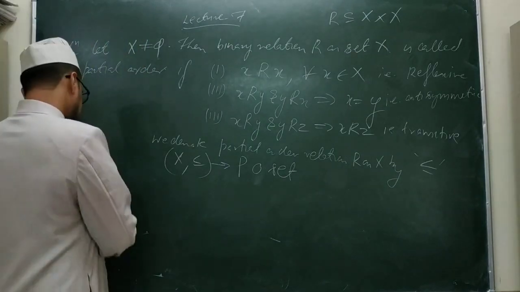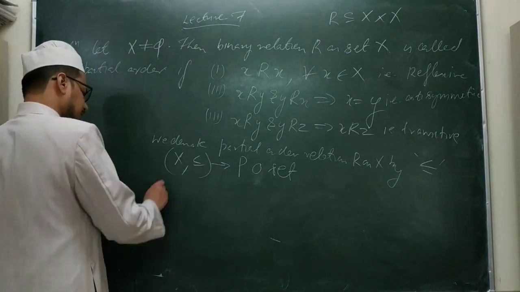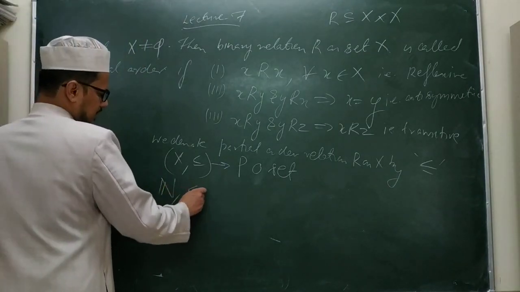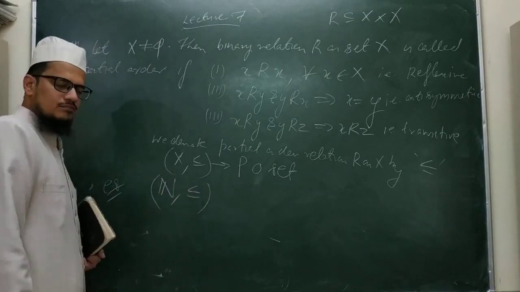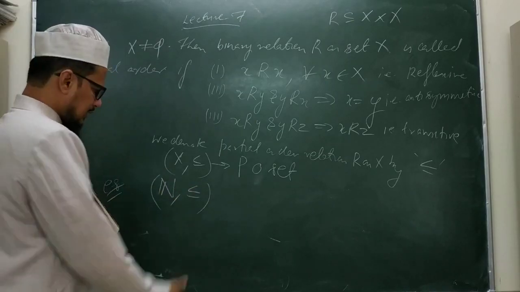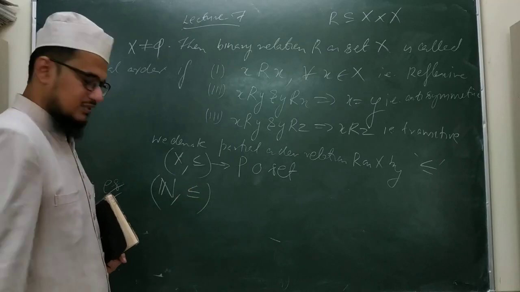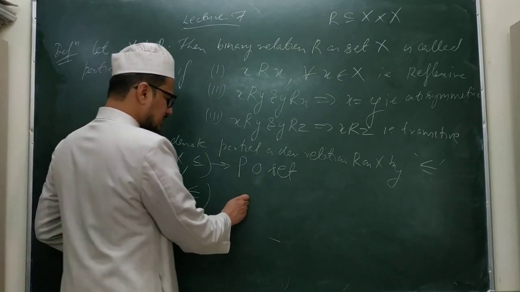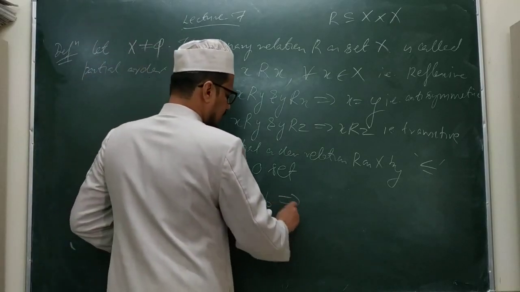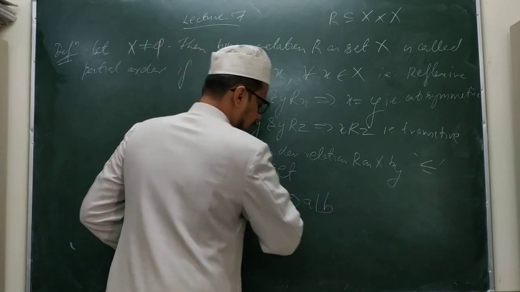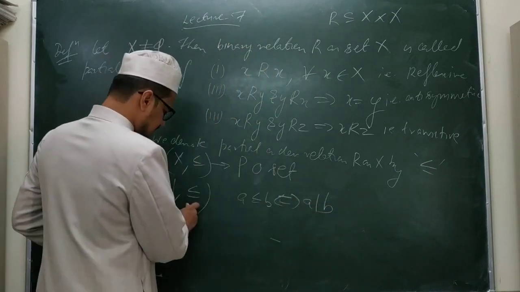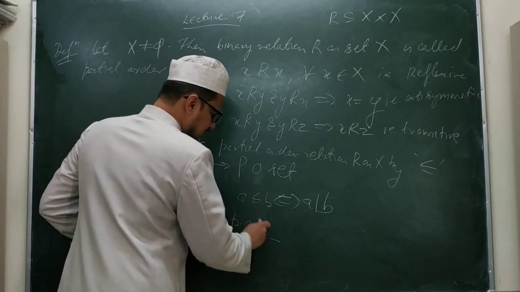Now what could be the example? If you take the set of natural numbers, and this is the relation on N, and we define it like this: a less than or equal to b if and only if a divides b, correct? Then this set is what? A partial ordered set.